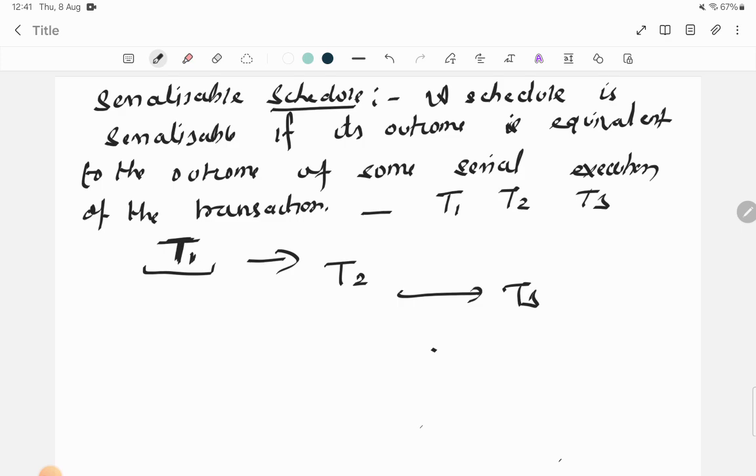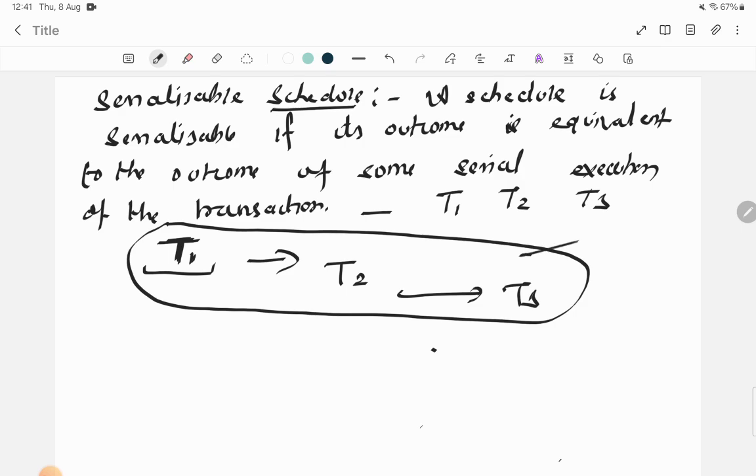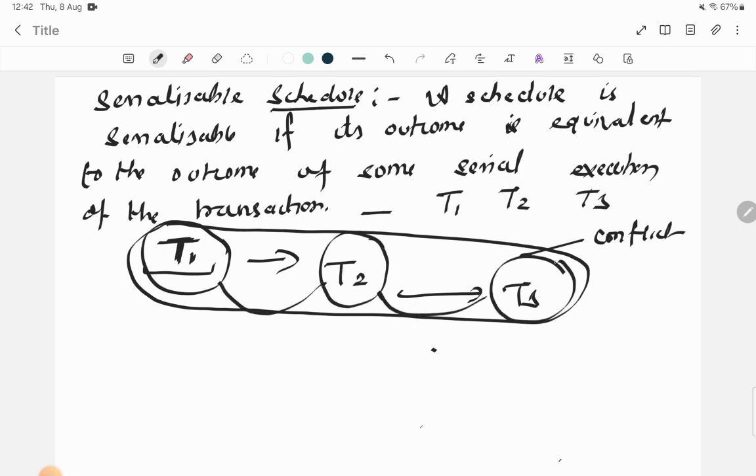This is a very safe type of schedule, because there is no conflict: after T1 finishes, only then can we start T2, and after T2 finishes, only then can we start T3. So we don't have any issue related to concurrency problems or conflicts. This is called a serial schedule, in which one transaction occurs after another.